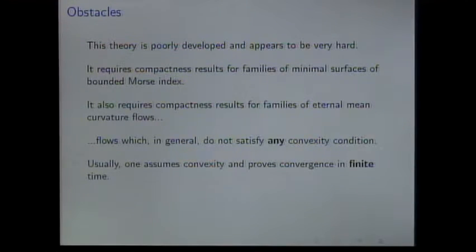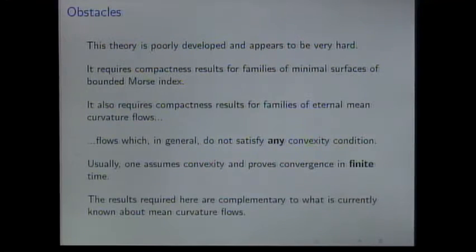We know for a fact that we do not have any form of convexity. The main reason being that our flows are eternal. They do not converge in finite time. So what we are studying is exactly complementary to most of what is currently known about mean curvature flows. This means that practically none of the results we have to date on mean curvature flows are of any use. Though not all.